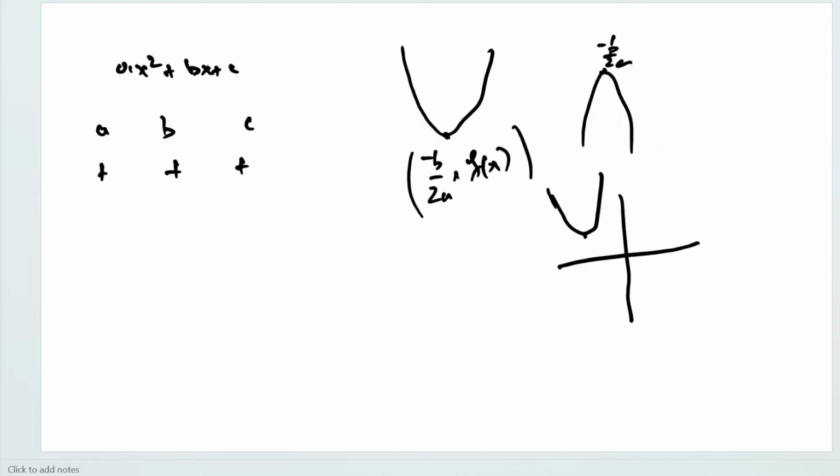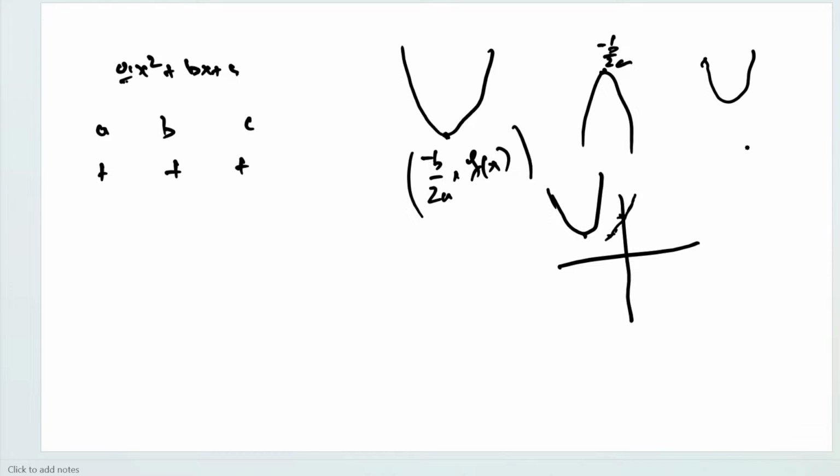Next one. When ax square plus bx plus c is a general equation. When a is greater than 0, we discussed the graph is facing upwards. When c is greater than 0, that means the graph is touching the y-axis on the positive side.